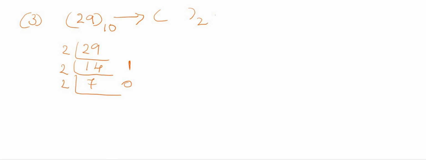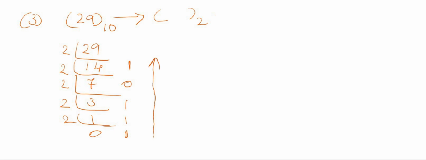Again divide: 2, 3, remainder 1, 2, 1, remainder 1. Divide till the quotient becomes 0 and last remainder 1. Now you can write from last remainder to the first remainder.